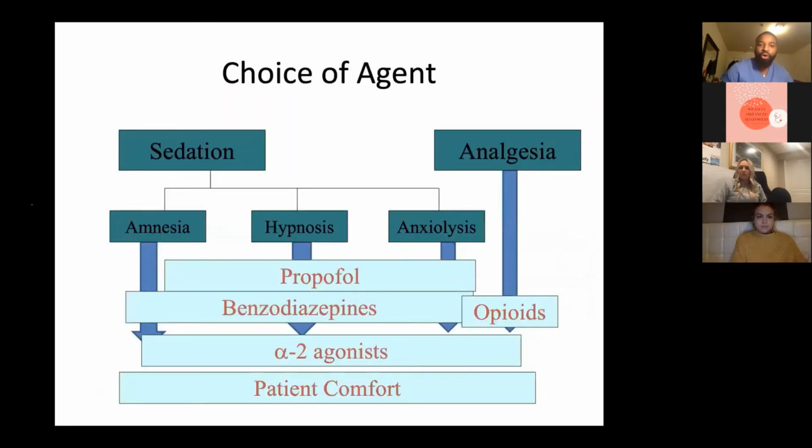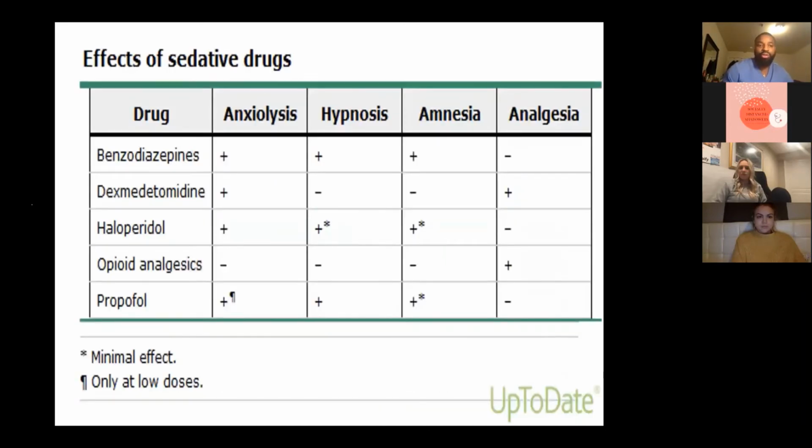So you have propofol. You have opioids that treat pain, but they can also put you to sleep. You have benzodiazepines and alpha-2 agonists, and all of this is for patient comfort. Benzos cover these, but they don't cover analgesia. You have dexmedetomidine that gives you analgesia and anxiolysis.